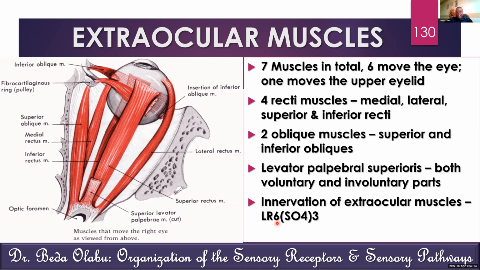It is actually for that reason that the nerve is called abducens. You know, lateral rectus causes abduction, so it abducts the eye. SO stands for superior oblique. Superior oblique is innervated by the 4th cranial nerve, which we call the trochlear nerve. All the other extraocular muscles enjoy innervation by the oculomotor nerve. So that is how we remember the innervation of the extraocular muscles.